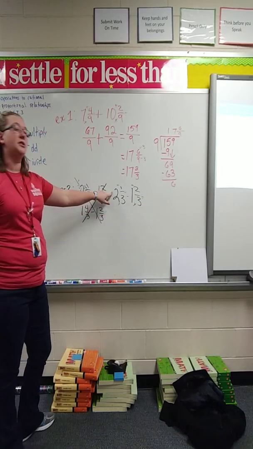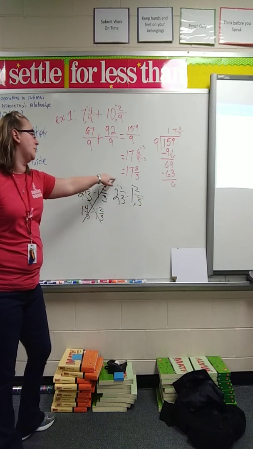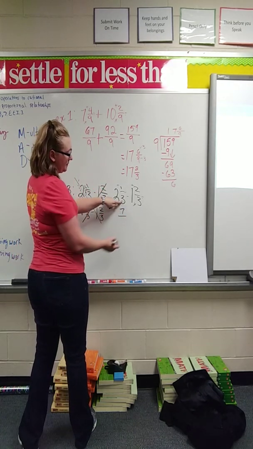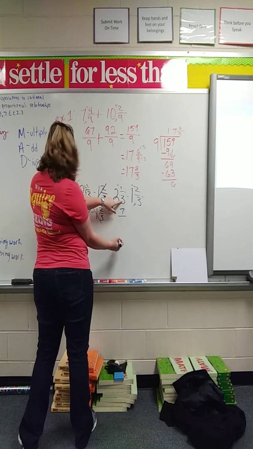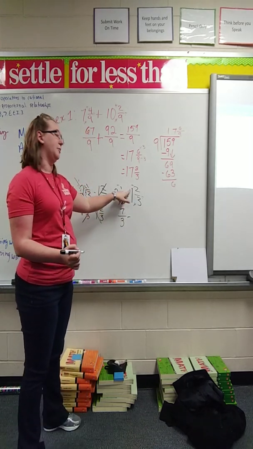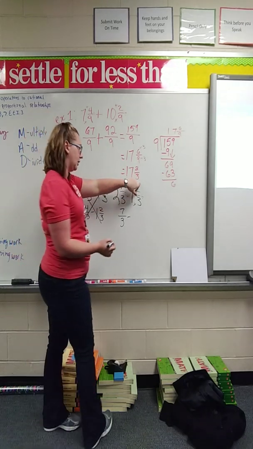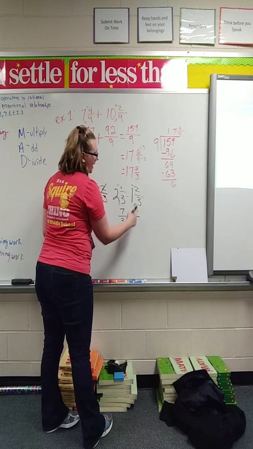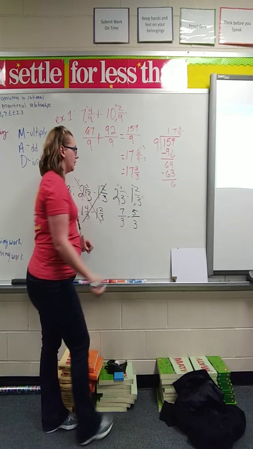What is 3 times 2? 6. Plus 1 is? 7. And I divide that by? 3. And I'm going to subtract from that what's 3 times 1? 3. Plus 2? And I divide that by? 3. Okay.